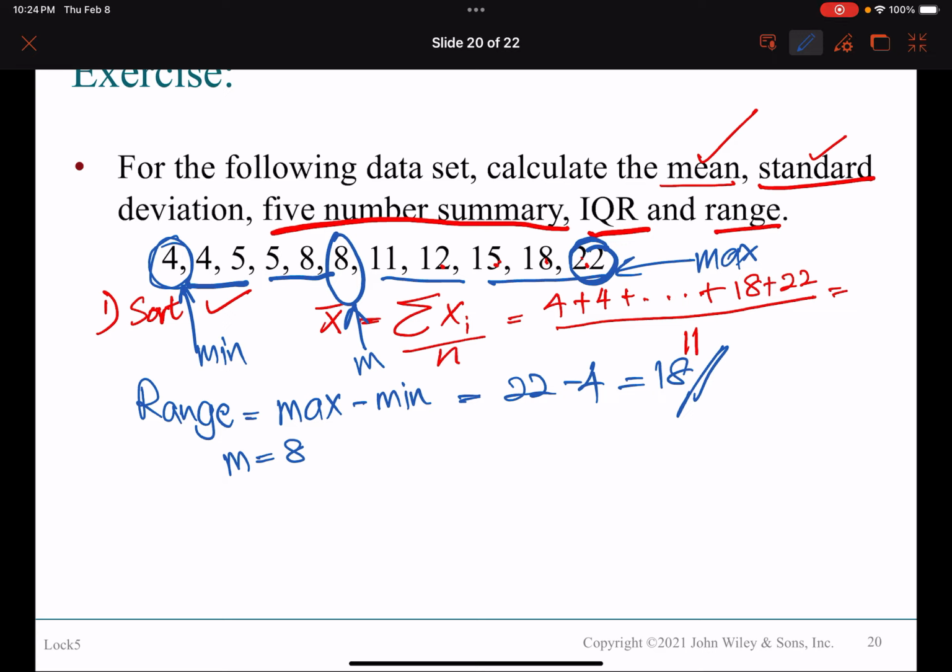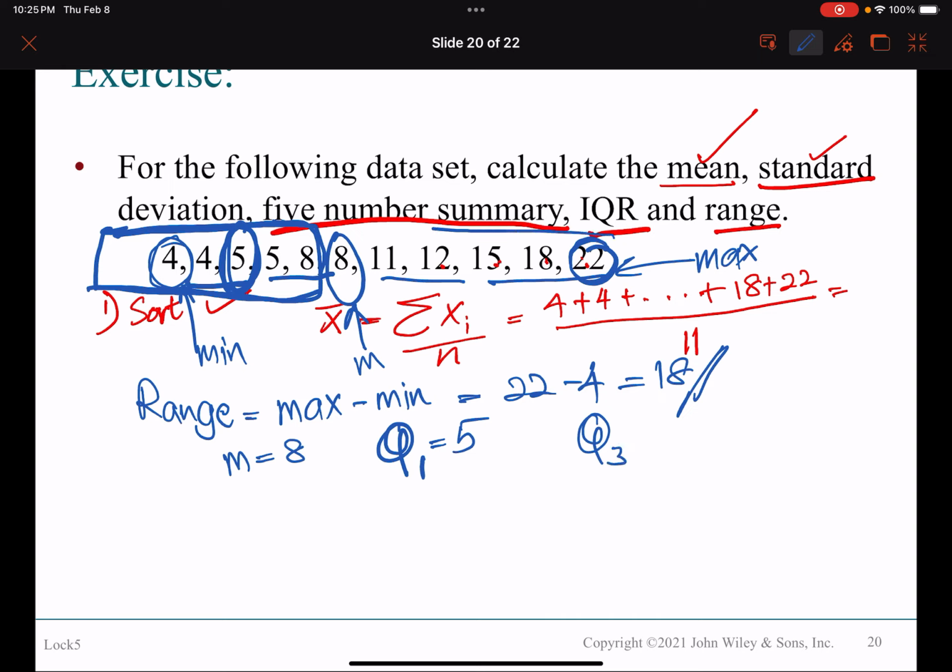So how do you find Q1? In order to find Q1, you have to consider the left hand side subset from the median, and find the middle value of that piece. The middle value of this one is 5. Same goes for Q3.